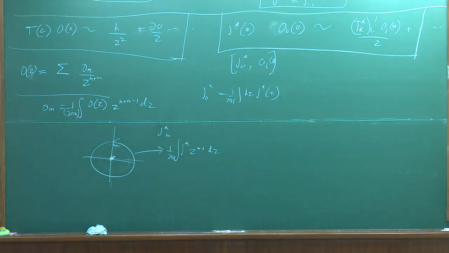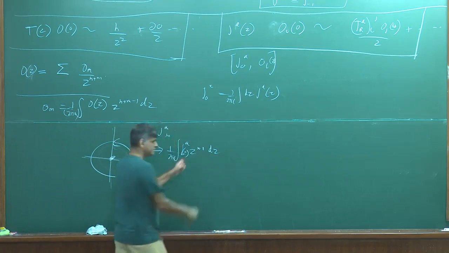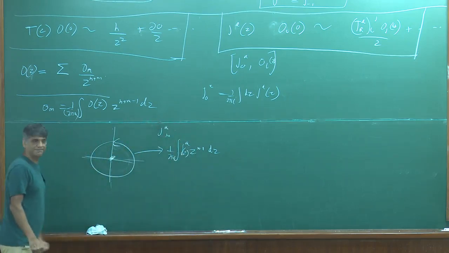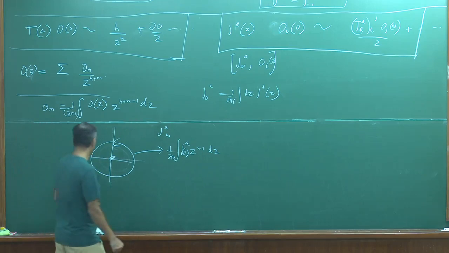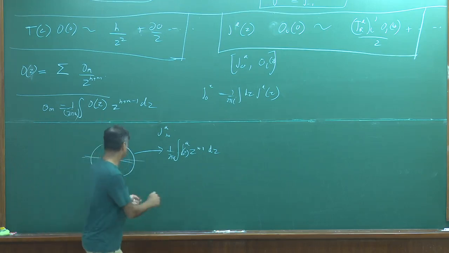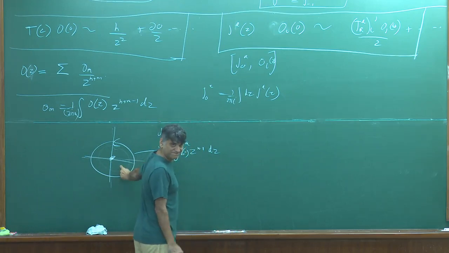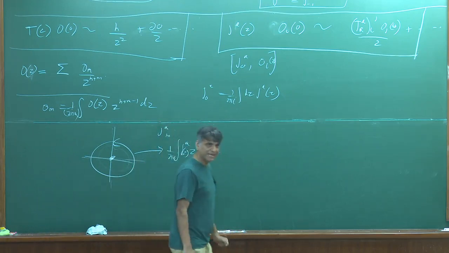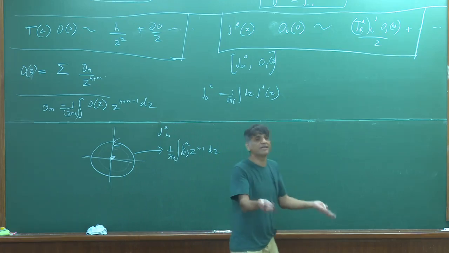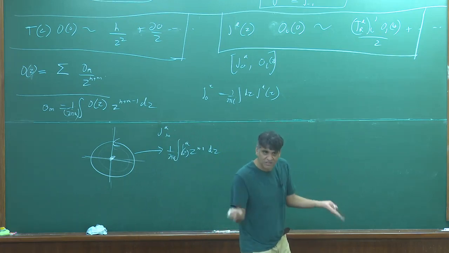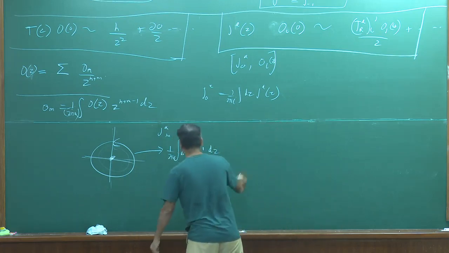That clear? J^A of z. Then I act on this. So what I'm supposed to do now in this action is look at the OPE of J with O and then perform the integral, because any non-singular term just gives you 0 by Cauchy's theorem. Only the OPE can contribute something.